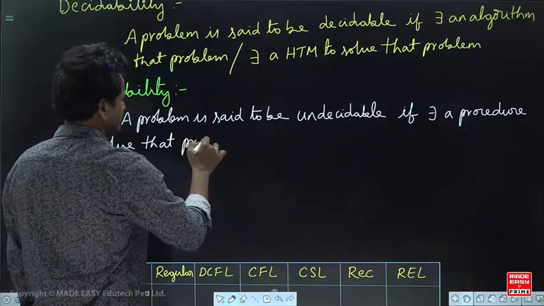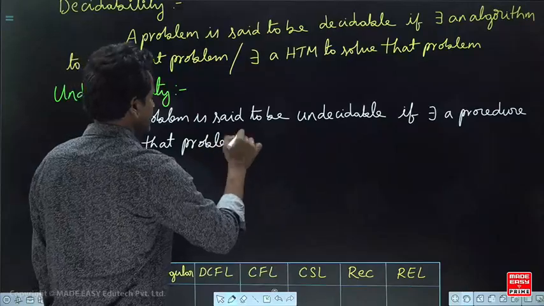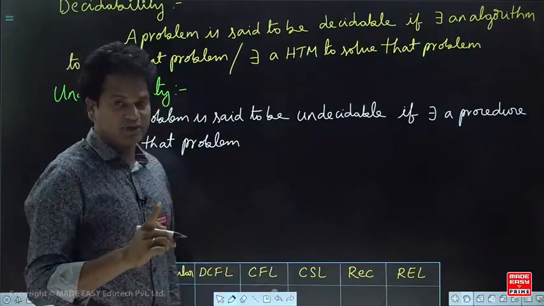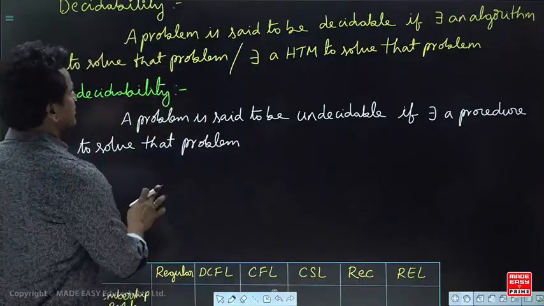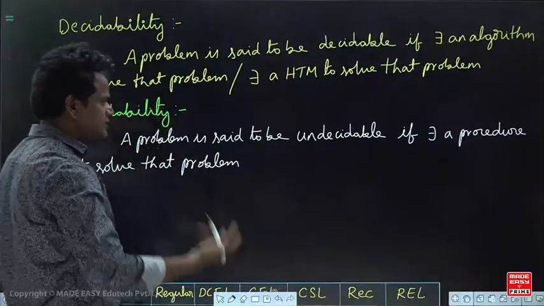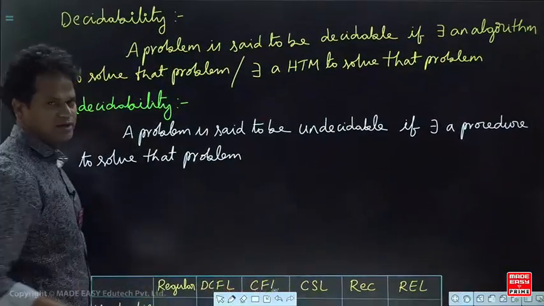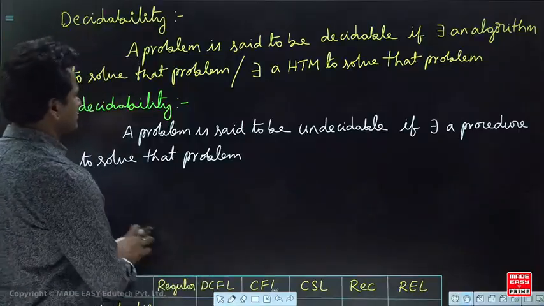Okay? If an algorithm is there, algorithm means what? It always stops, always halts. So then the problem is said to be decidable. If only a procedure is there, no algorithm, then the problem is said to be undecidable.